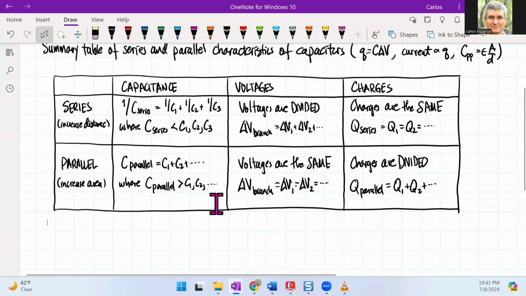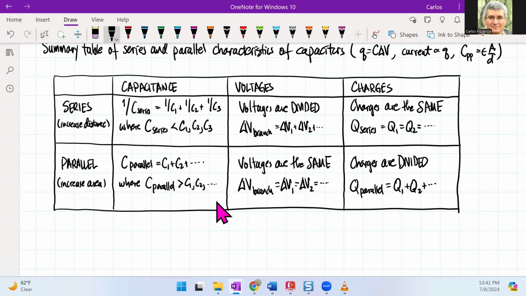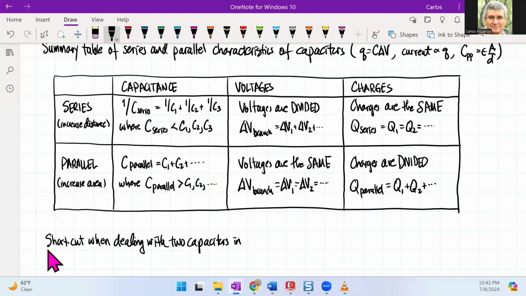Before we get started, I want to show you a little bit of an algebra trick. Okay, so there's a shortcut when dealing with two capacitors in series.